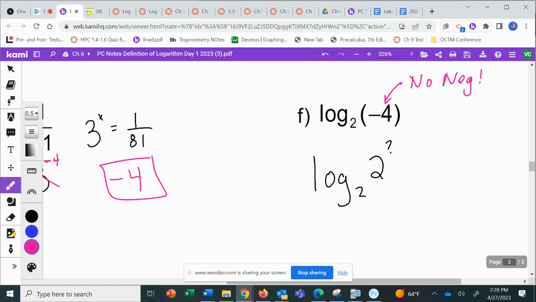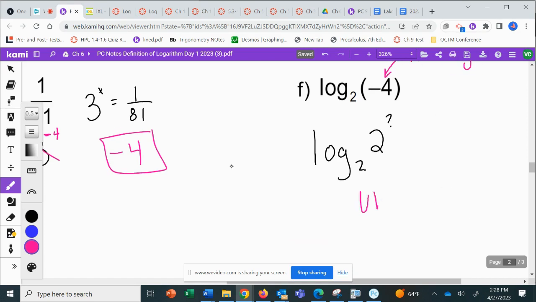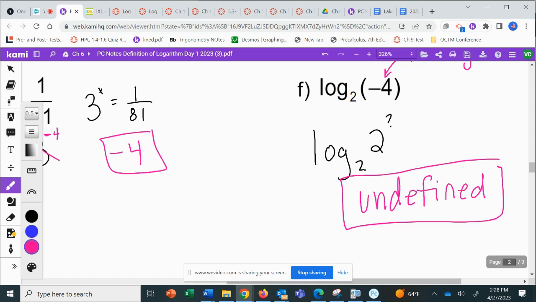Now, I'm not solving, so you will not say no solution. That would be when we're solving and we can't find the answer. This phrase is undefined. Again, we're not solving, so that's why we don't say no solution.